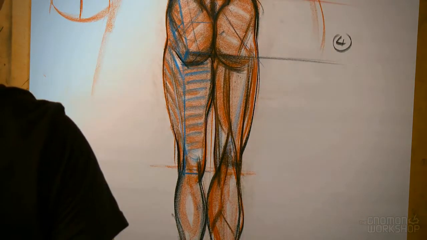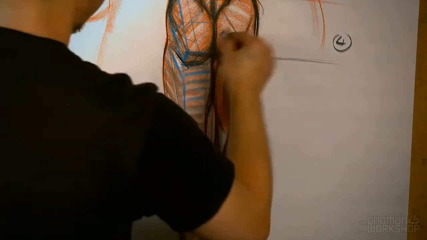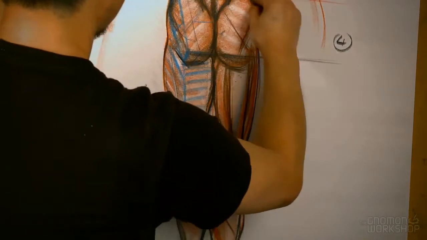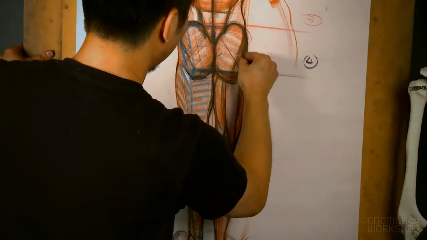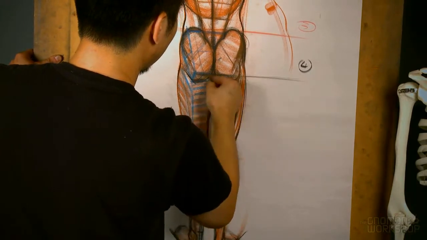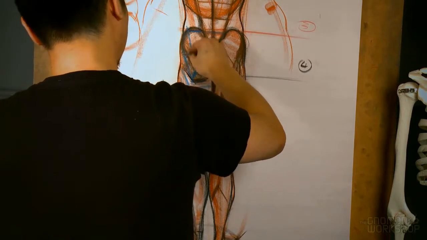So that's why sometimes, if you clutch your hip, you're actually going to see a shadow kind of doing this.